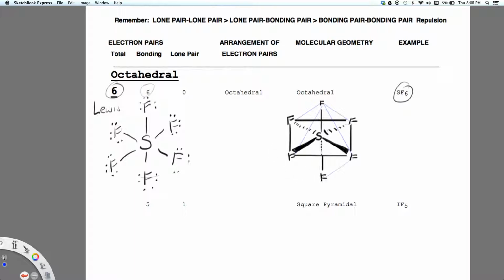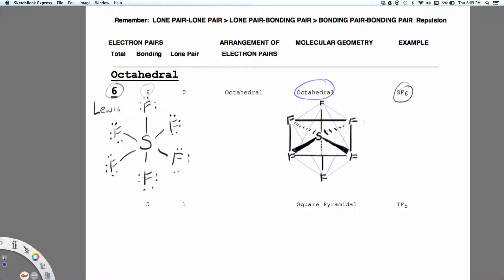And you start seeing this octahedral shape. So I'm going to draw to that point and then kind of a dotted line behind that plane. So that's our octahedron. Make sure you connect that.